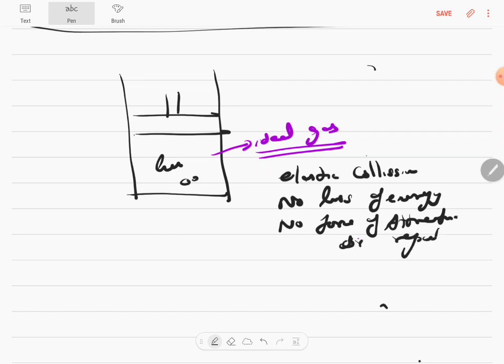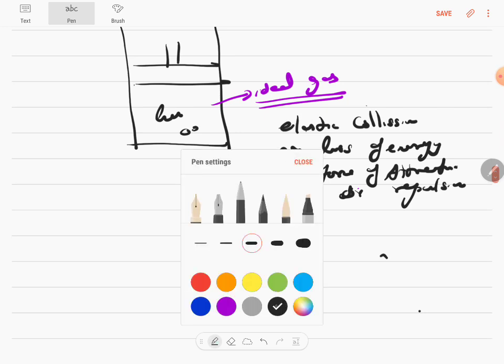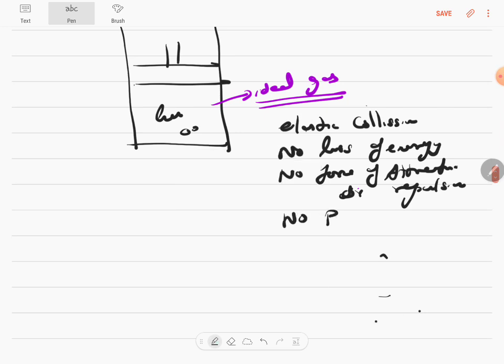That's not possible in reality, but in an ideal gas it's possible. And therefore there is no potential energy. These are the points. Elastic collision itself means no loss of energy, and no loss of energy means there is no force of attraction or repulsion, and so no potential energy.